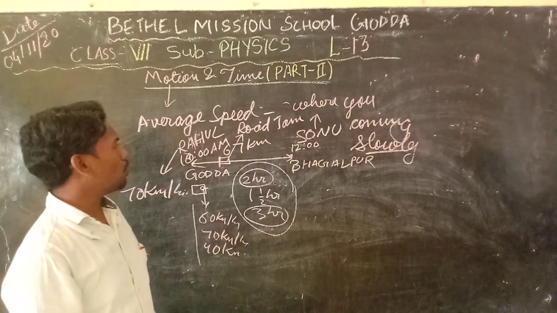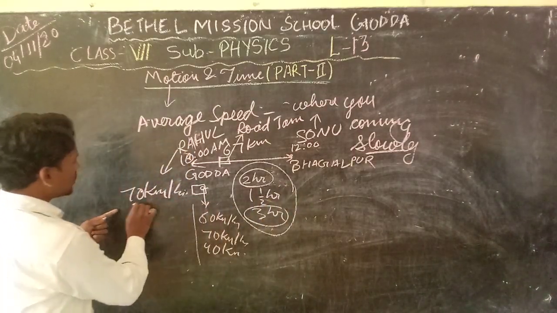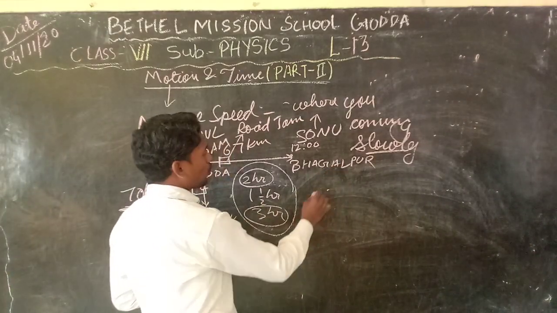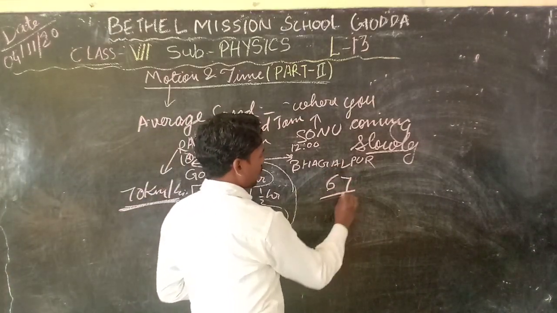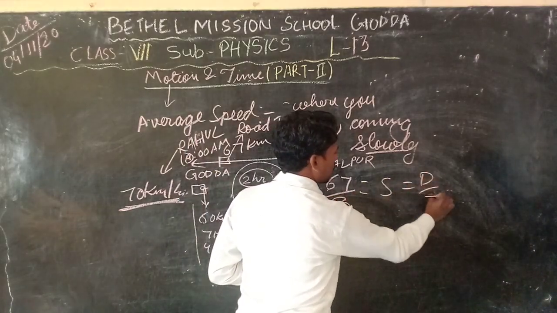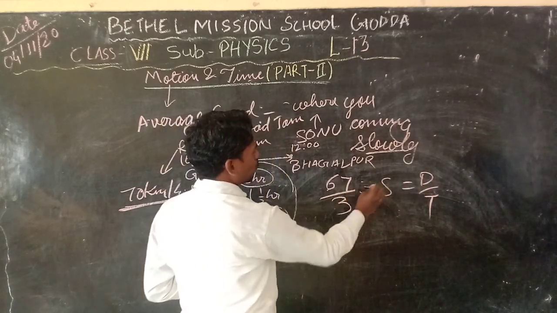But what was the problem here? The problem was that though he was saying his speed was 70 kilometers per hour, for Sonu, what was the speed? 67 divided by 3. Speed is equal to distance by time. So for Sonu, what was the speed?